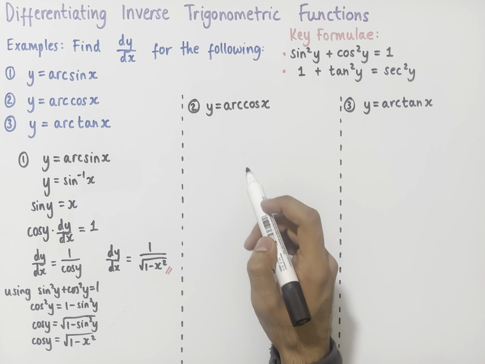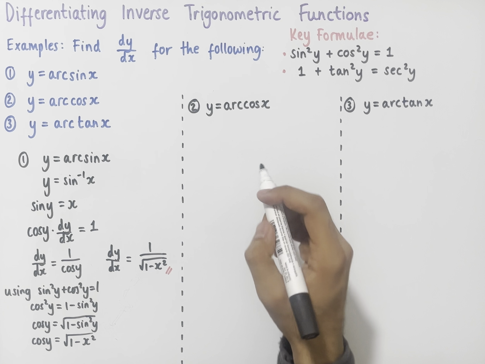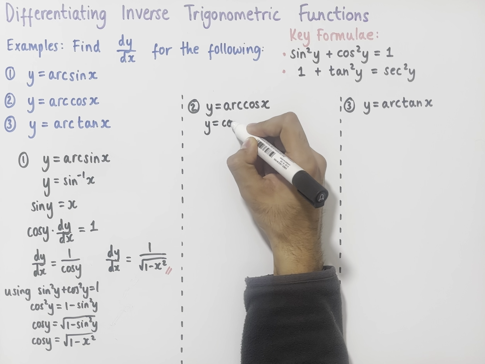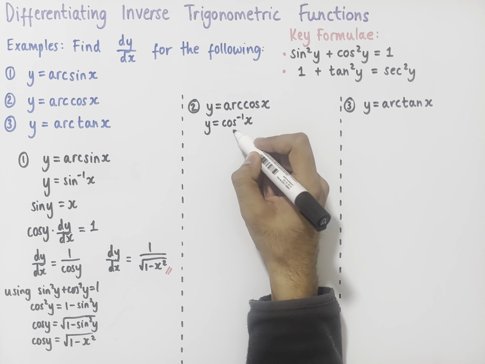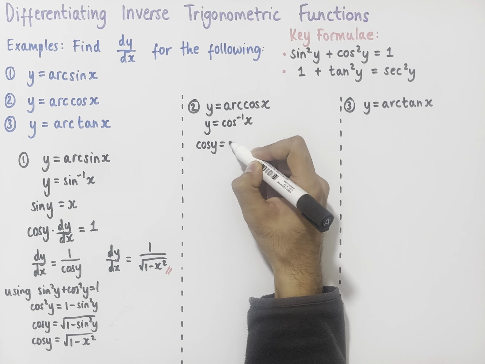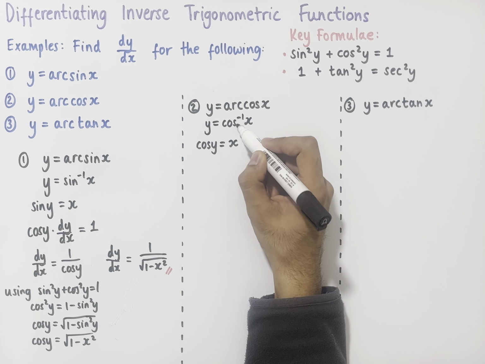Moving on to the next example, we have y equals arccos x. Firstly, again, we can rewrite this as y equals cos inverse of x. And now if we apply cos to both sides, we get that cos y equals x, since cos inverse and cos cancel out.